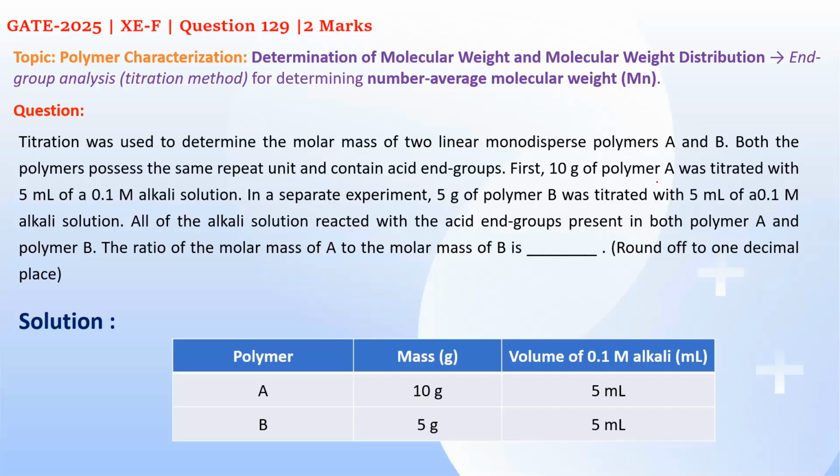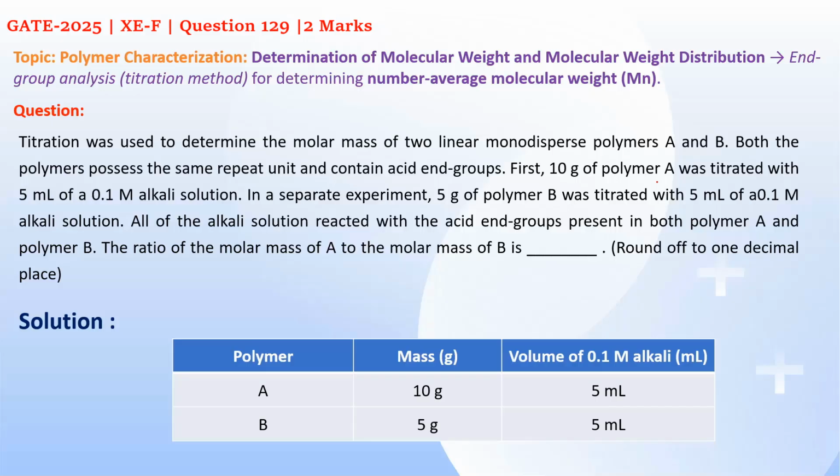The question was: titration was used to determine the molar mass of two linear monodisperse polymers A and B. Both polymers possess the same repeat unit and contain acid end groups. First, 10 gram of polymer A was titrated with 5 ml of 0.1 molar alkali solution.